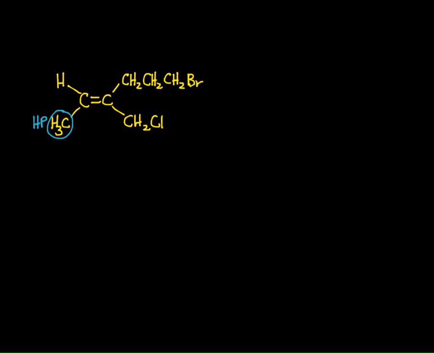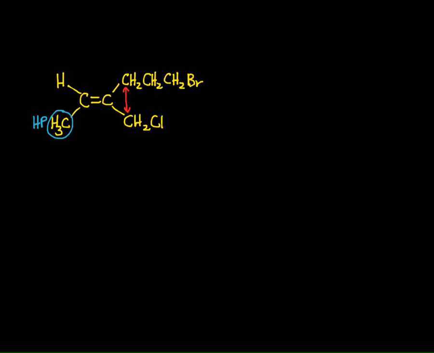Now, if I look at the two substituents on my olefin carbon on the right, I have to use some more steps, right? Because if I look, I see there are two carbons that are attached. So those two carbons are the same, and therefore I have to continue on. And I compare what is attached to each carbon.